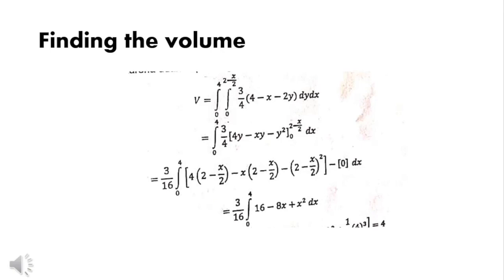From the integration, we get 16 minus 8x plus x squared dx because we have moved the 3 divided by 16 to the outside of the integral. After integrating the function with respect to x with range 0 to 4, we know the volume of this region is 4.